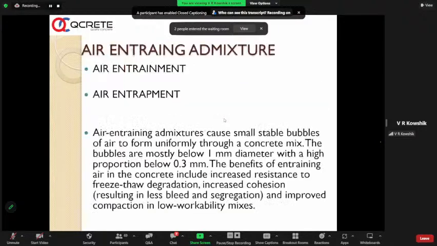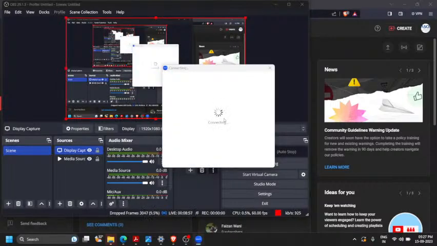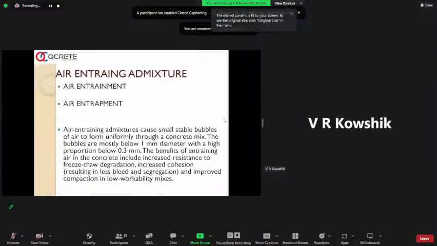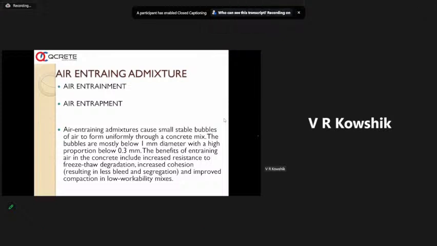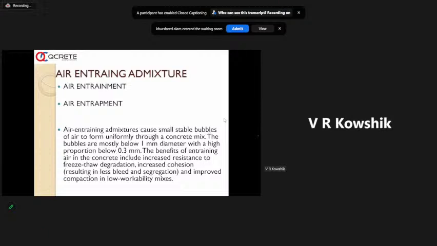Even though air entraining admixture is not a new technology, it was said to be a big leap in concrete technology, like human beings touching the moon in 1969, when these micro bubbles of air were introduced by these admixtures, which facilitate better cohesion and give freeze-thaw resistance, which is very important in cold climates.